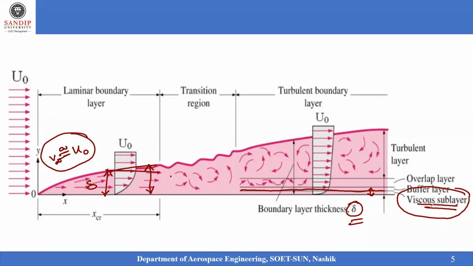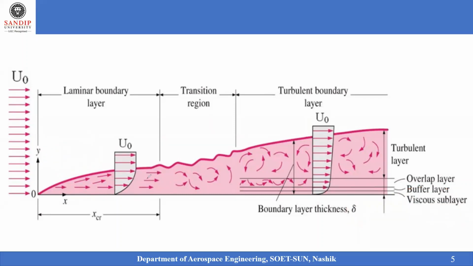So it is a boundary layer formed in the turbulent zone, but it is actually called the laminar sublayer, or viscous sublayer. So totally two boundary layer thicknesses will be developed.